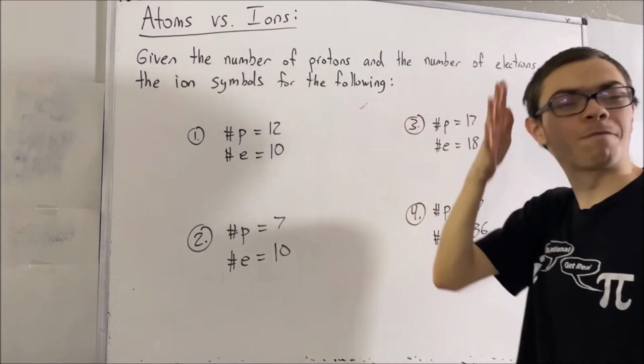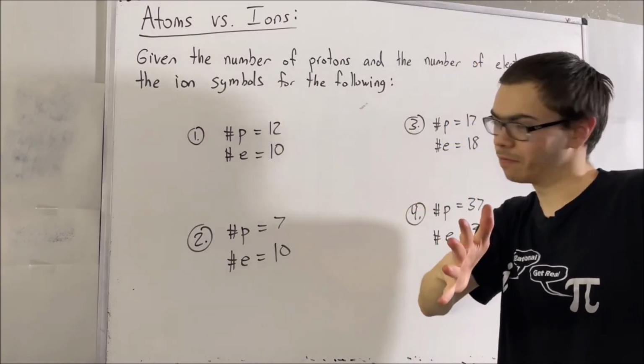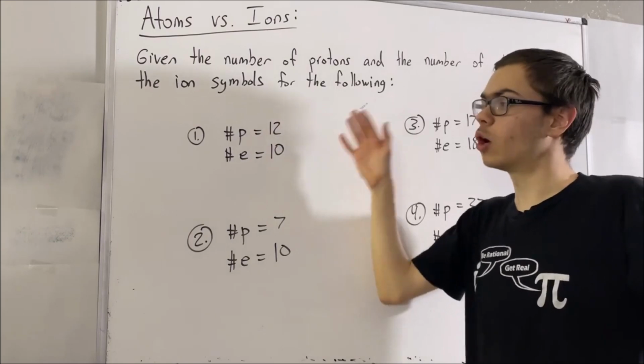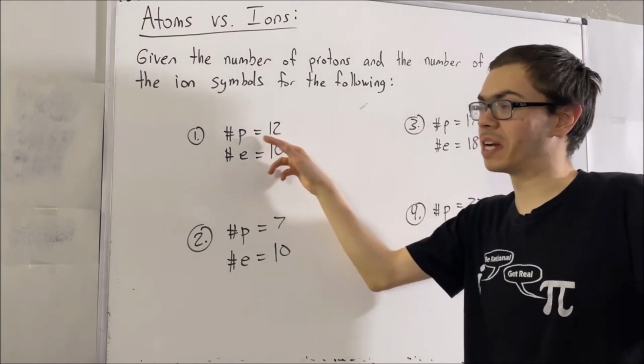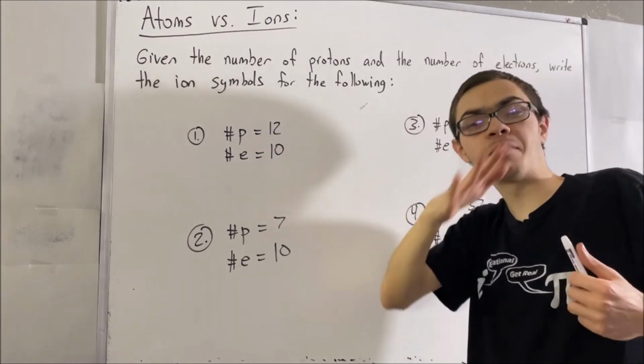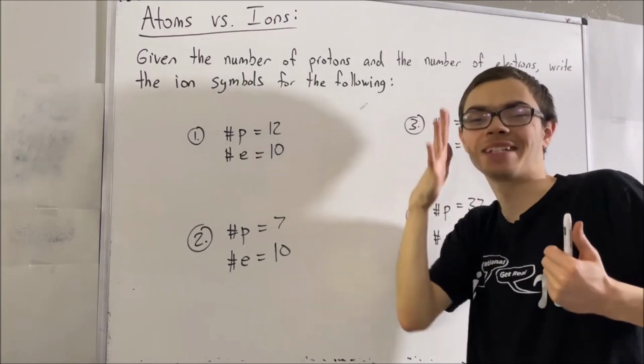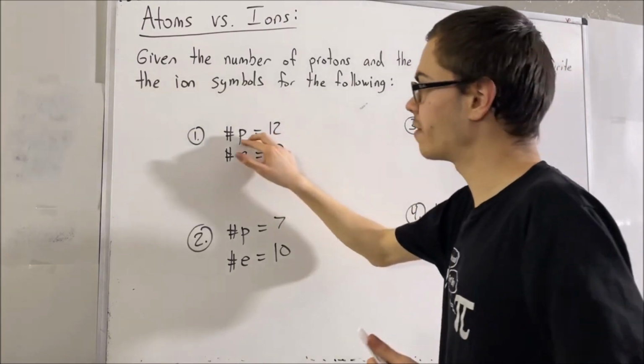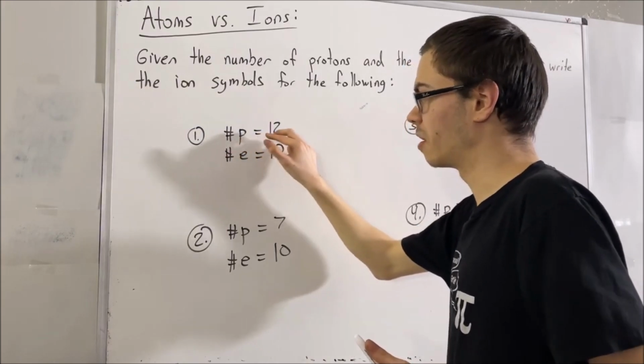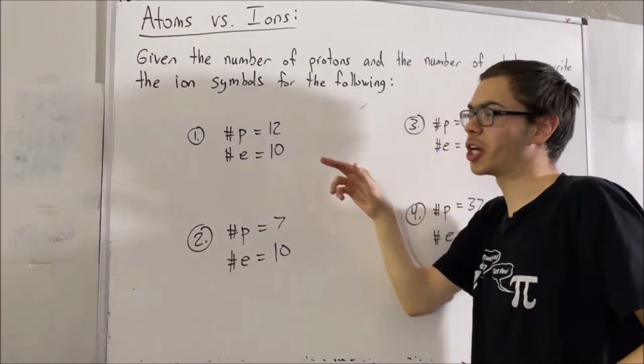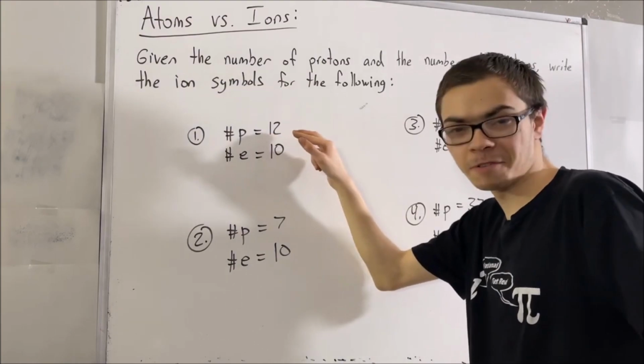Well, let's first get the element symbol. How do we figure out the element? Well, you can use the number of protons. If you recall, the number of protons is the same thing as the atomic number. So really, we have an atomic number of 12. We can go to table S to look up the element with atomic number 12.